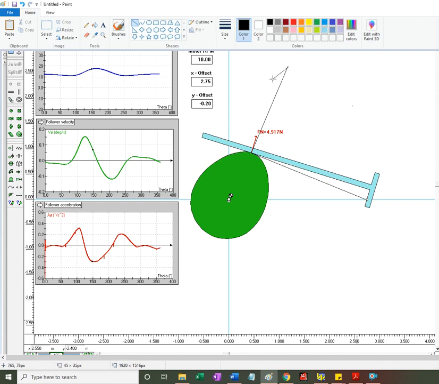So I have the velocity vector, and again this was 90 degrees, and so this is 90 degrees.